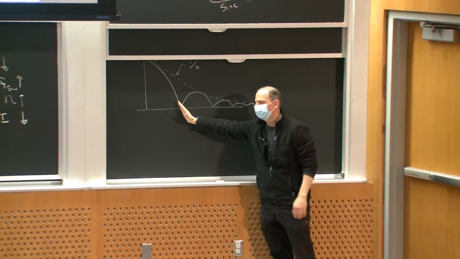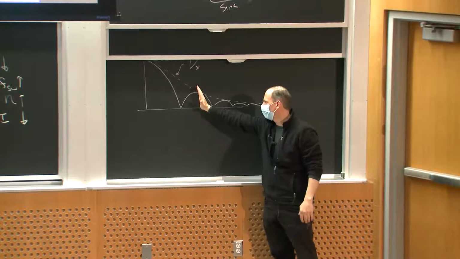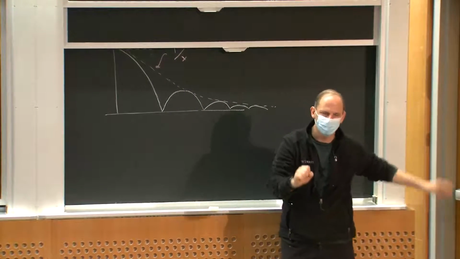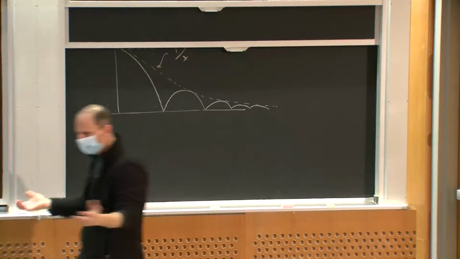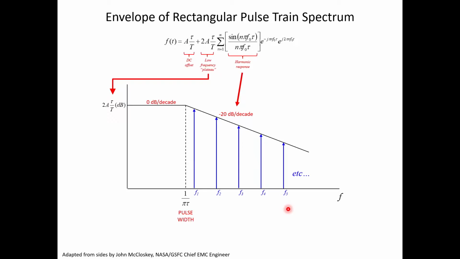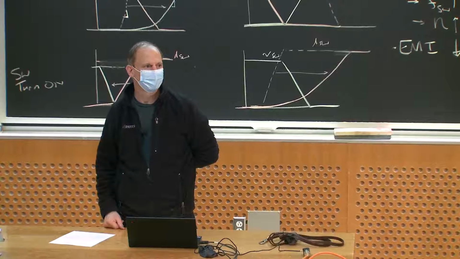Okay, so some of them will be 0, some of them will be maximum. But if I'm just looking at how the energy goes down overall, it goes as 1 over frequency for higher frequencies. Okay, so if I looked at my square wave in this case, this is what happens. Essentially, I have the fundamental, and then everything tends to fall off with an envelope that goes as 1 over the frequency. Any questions about that?